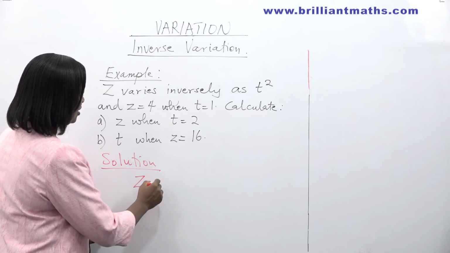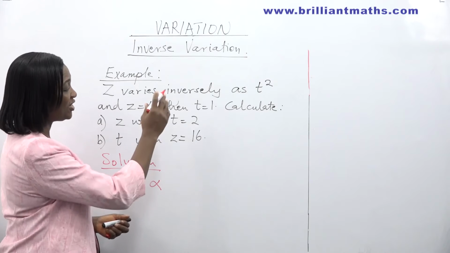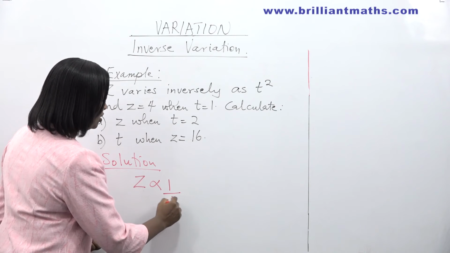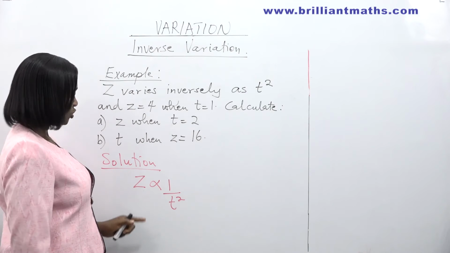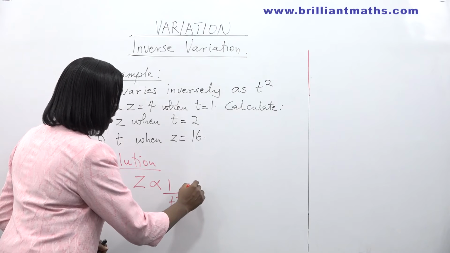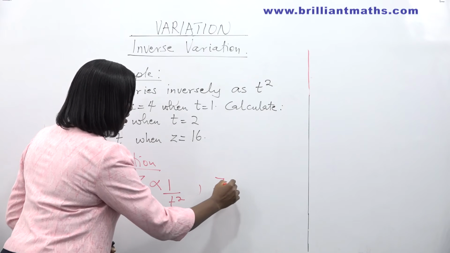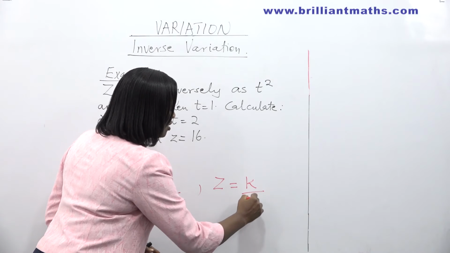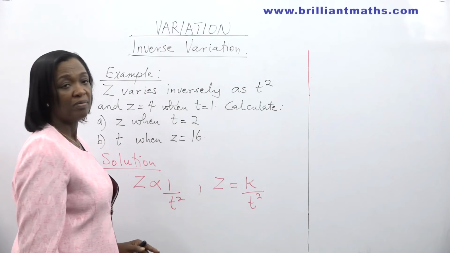Z varies inversely as t squared, so it will be 1 over t squared. So to remove this sign of variation, we say z is equal to k over t squared.